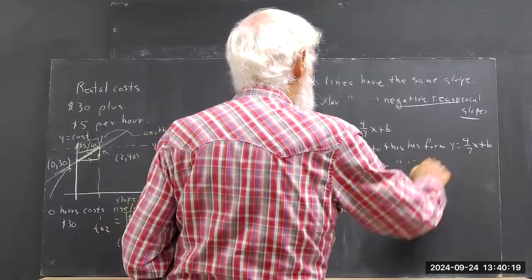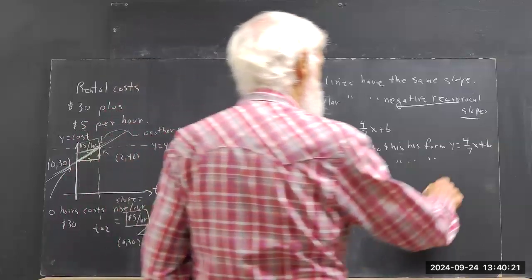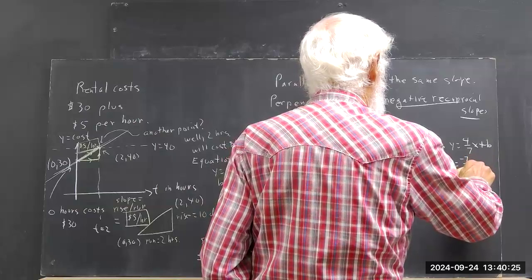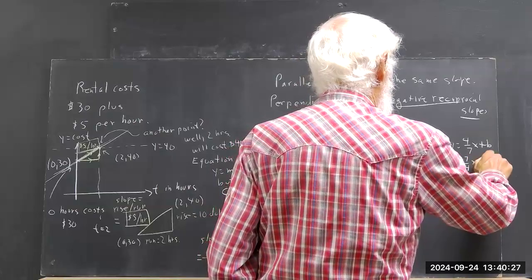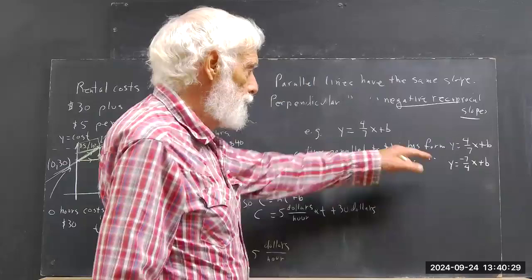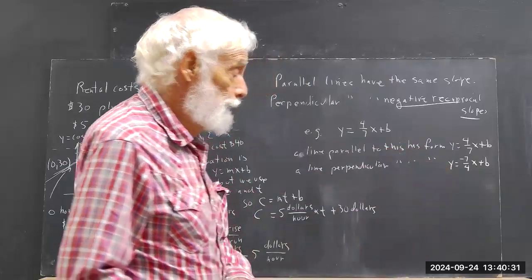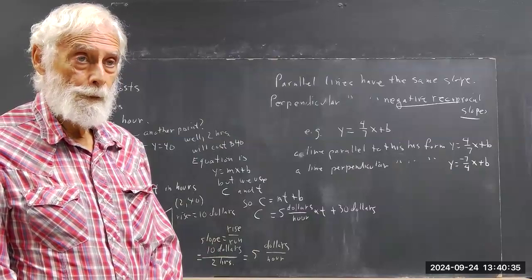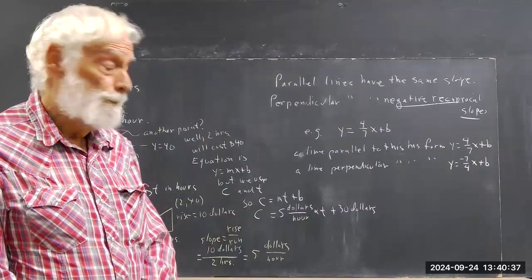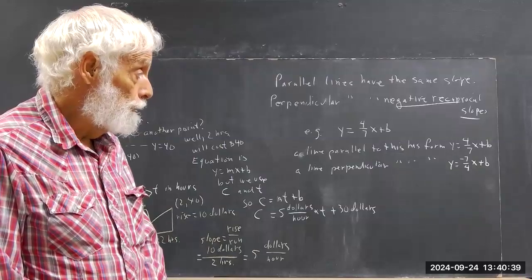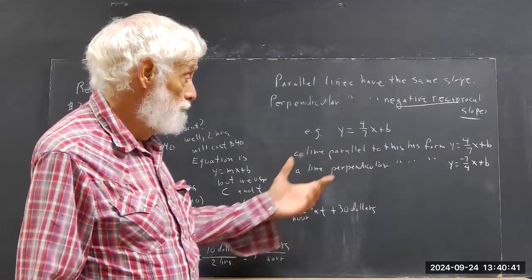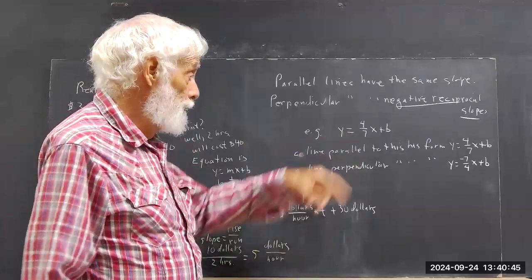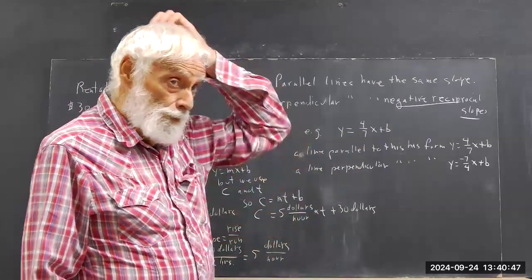A line perpendicular to this has the form y equals -7/4 x plus b. Okay. So if I give you a point, say the point (7, 14), it's not on this line, I don't think, no. Okay.